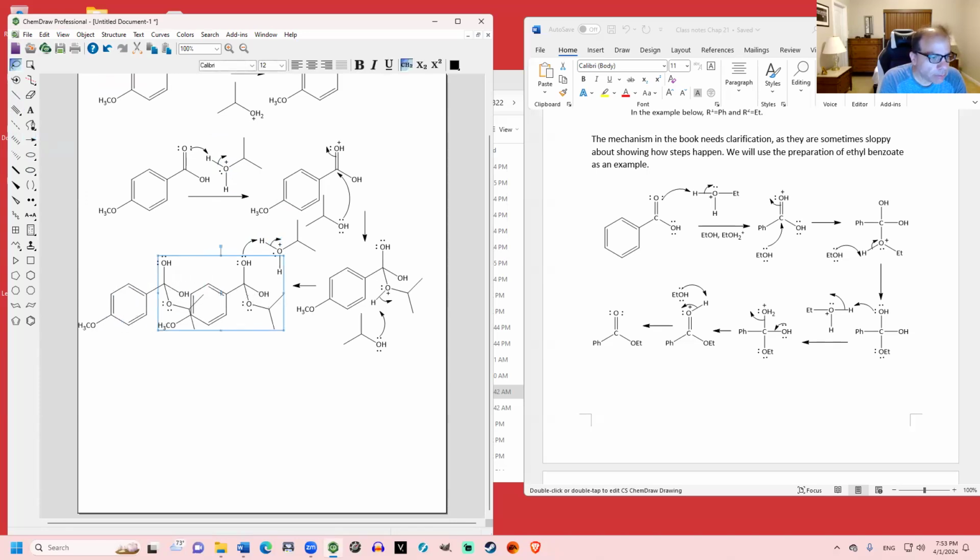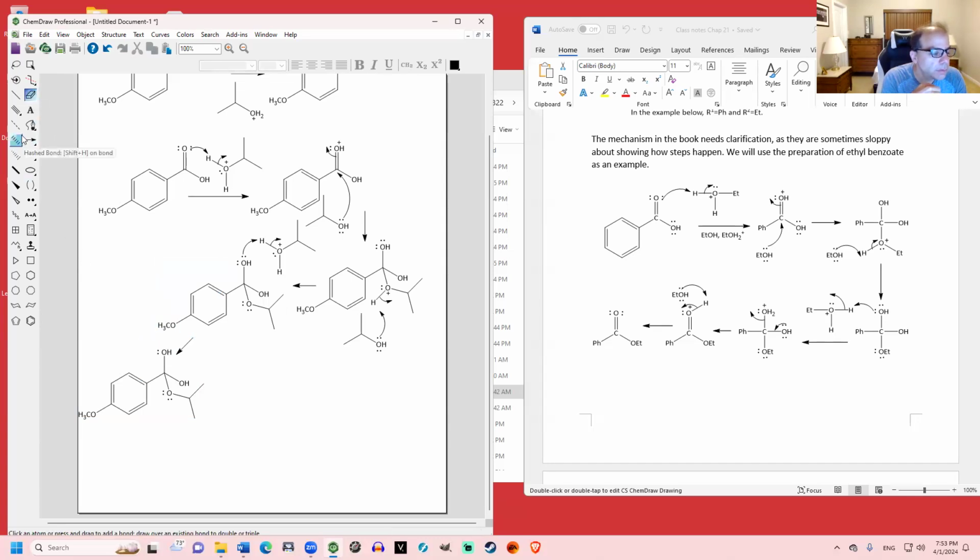So we get that intermediate. This intermediate now loses a water molecule. That's the whole point of the mechanism, is losing a molecule of water to turn a carboxylic acid into an ester.